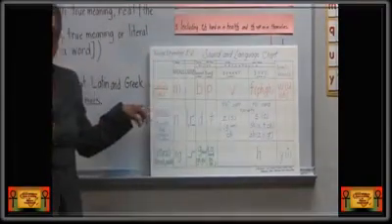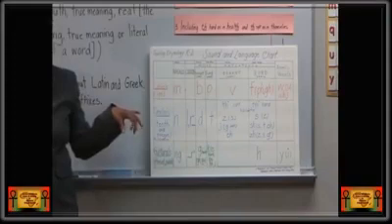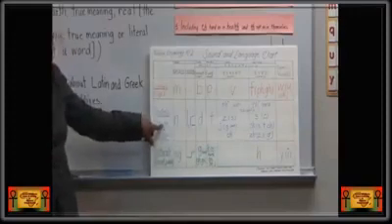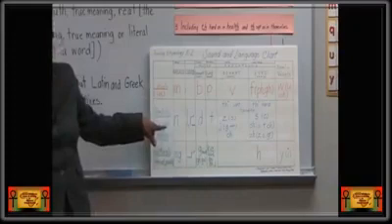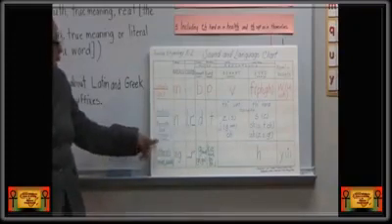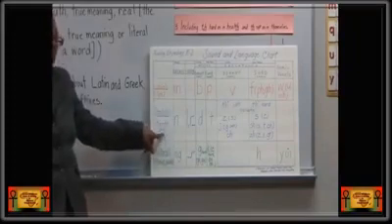Dental. What's dental? If everybody's smiling, what are you showing? You're showing your teeth. And what's behind your teeth? That thing that's in your mouth. Tongue. Dentals and linguals. Dental, teeth, linguals, tongue.